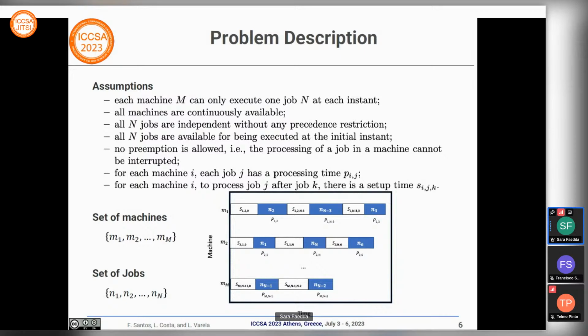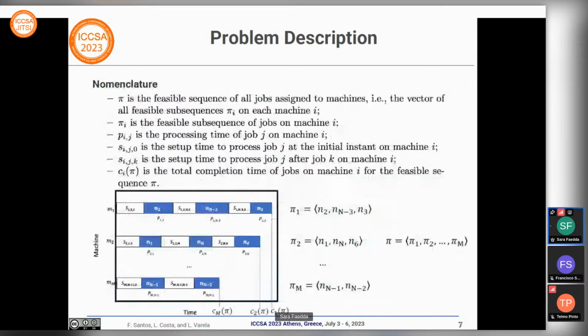In general, we can define different objectives for this problem, and the objectives are based on completion time, for instance, as I can show you in the next slide. So the idea is to obtain the feasible sequence of jobs that are assigned to machines.